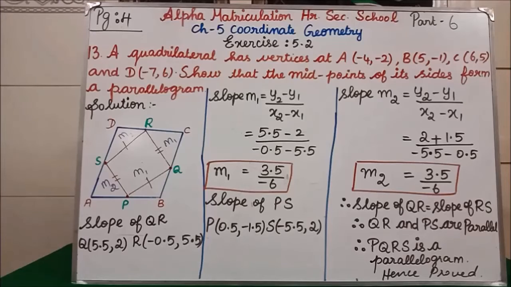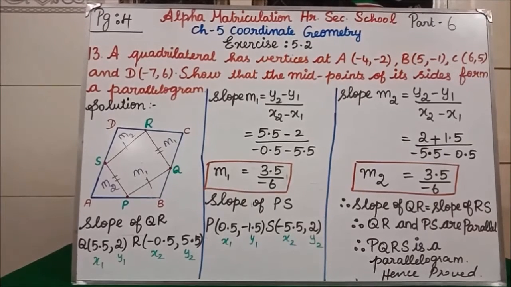We know the points for Q and R, isn't it? What is the Q point? 5.5 comma 2. R is minus 0.5 comma 5.5, isn't it? We have to substitute in the two-point formula. We know what x1, y1, x2 and y2 are, isn't it?